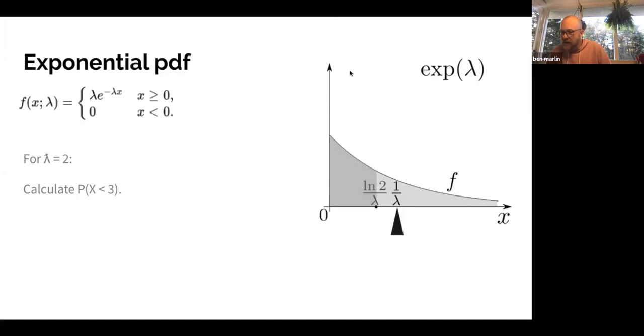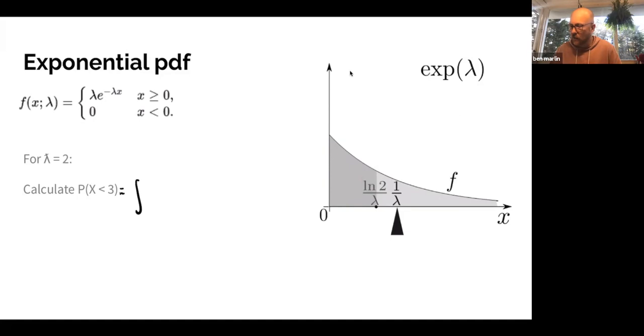So we are going to calculate the probability x is less than 3. So 3, pretend that it's this number here, and we need to get this area to the left of it. So that means for doing this, that we'll just say this is equal to the integral across that portion of the support.